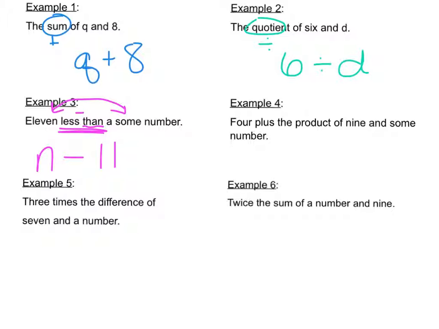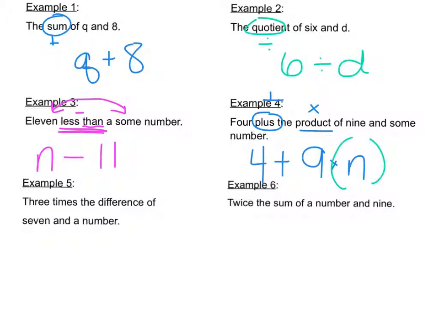And now they're starting to get more complicated. We have 4 plus the product, which is multiplication, of 9 and some number. So 9 and some number are multiplied. You could also write it as 9 parenthesis n or just 9n.